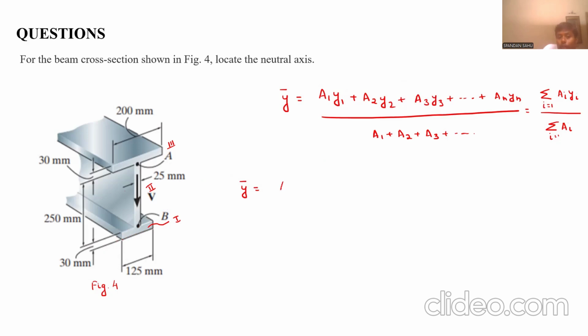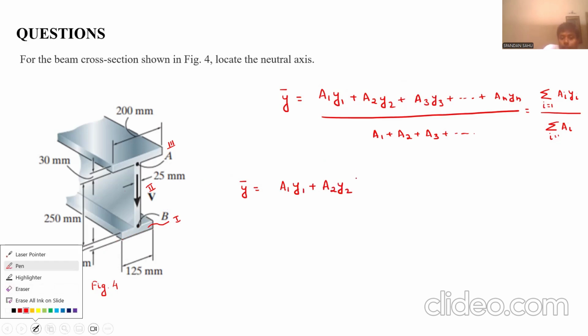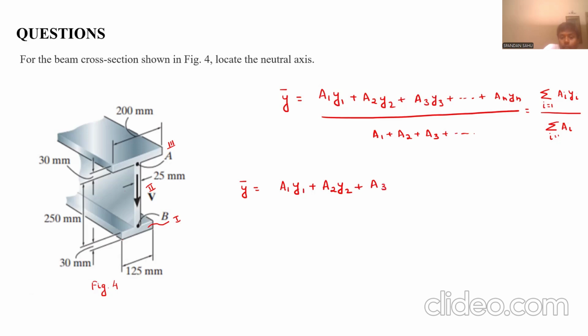Y bar will be A1 Y1 plus A2 Y2 plus A3 Y3 upon A1 plus A2 plus A3. Correct? So we have to calculate A1, Y1, A2, Y2, A3, Y3, and A1, A2, A3 respectively.